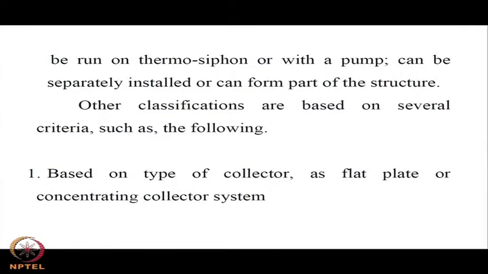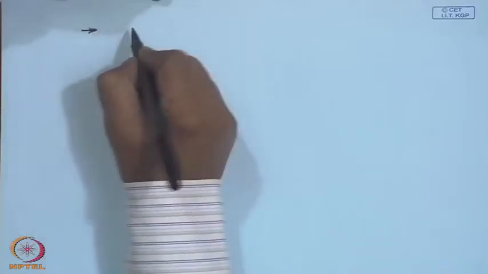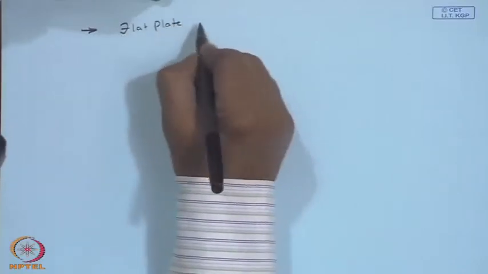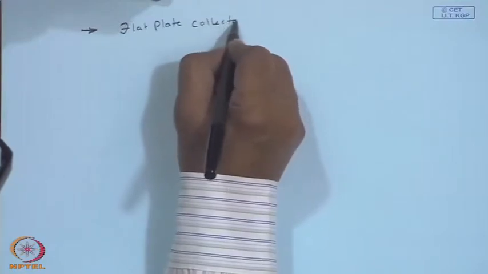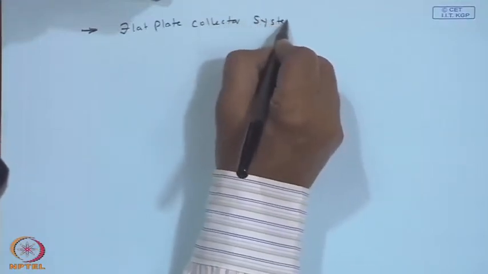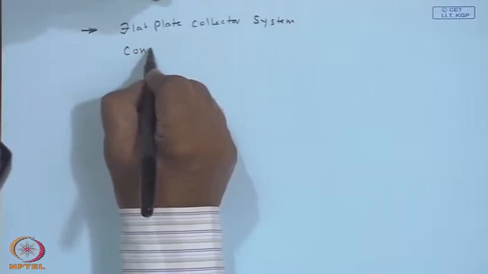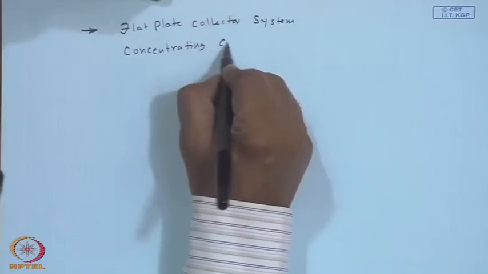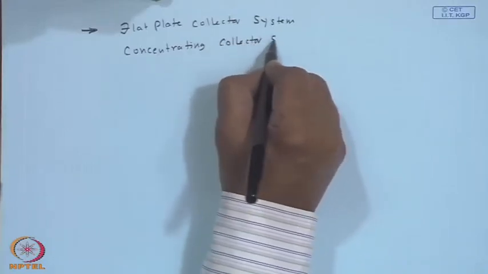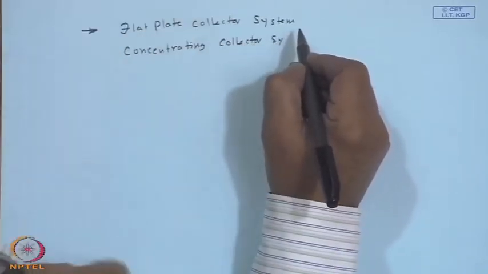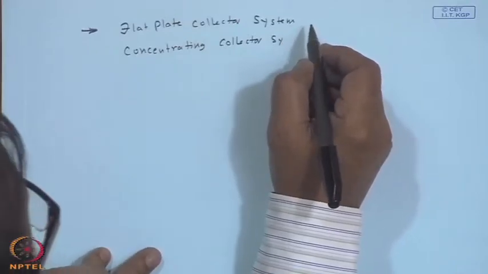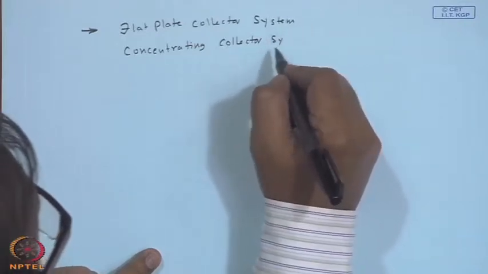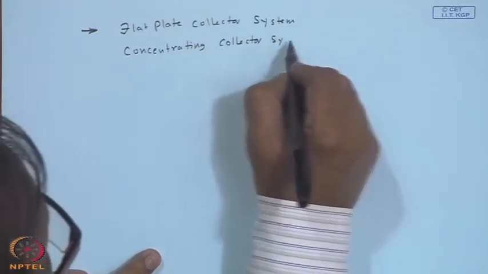Now, you may have, based on the collector system, flat plate collector, or concentrating. So, any system that uses the flat plate collectors, whatever may be the application, I may call it a system of flat plate collectors and a system of concentrating collectors if concentrating collectors are used.